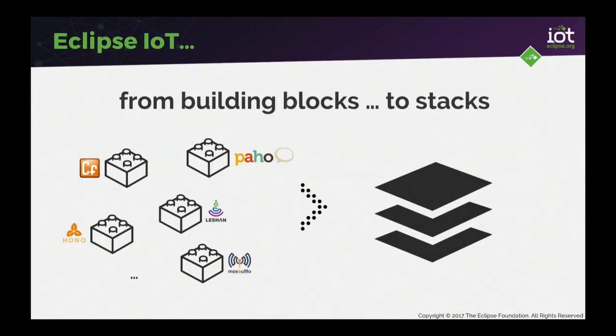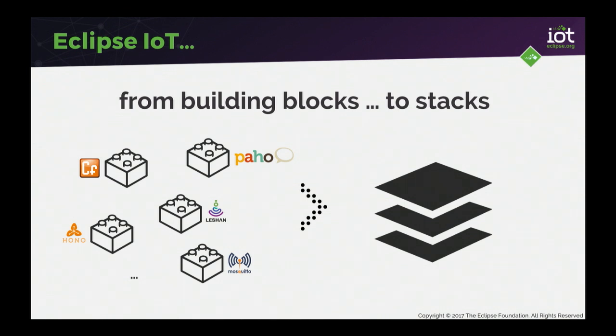If you've been involved or following and tinkering with IoT in the past 5 years, you may have heard about some of our so-called building blocks. There are actually 30 different open source projects at Eclipse. Many of them you can use independently, right? Which is great, but we hope that we can also get to a point where those different components can be used in the form of stacks, right?